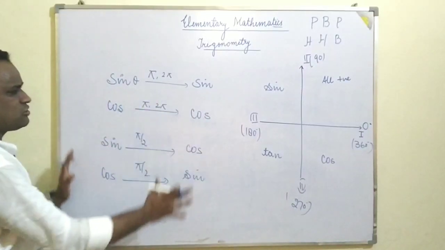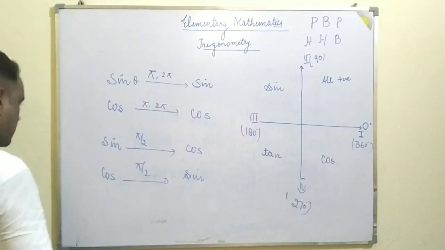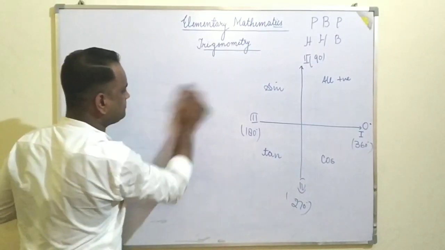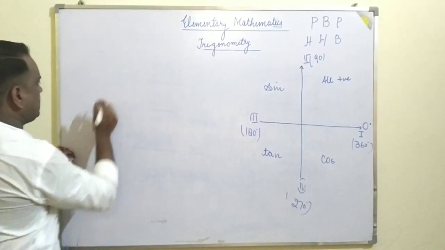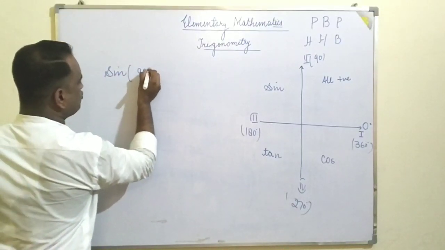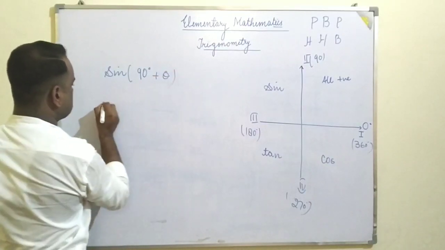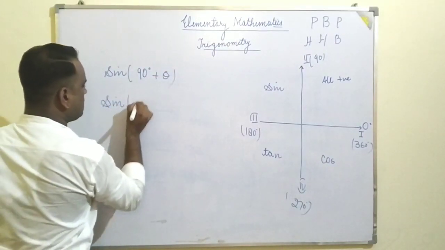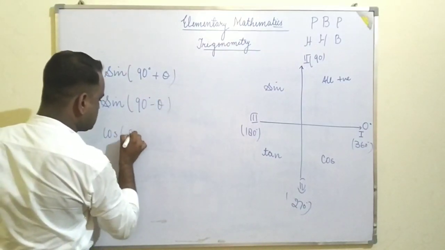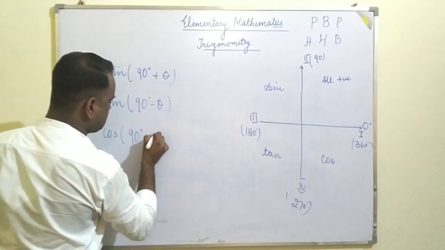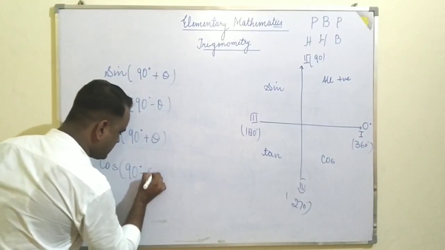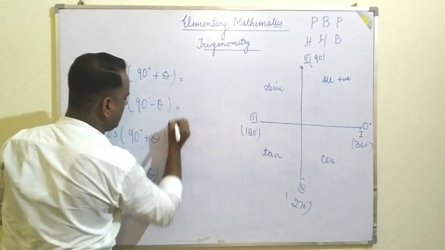So let's use all these factors to change. I am going to give you the idea of how to do these things. Students, if I am writing here sin(90 plus theta), that is pi by 2 plus theta, sin(90 minus theta), cos(90 plus theta), and cos(90 minus theta), what will be their values?